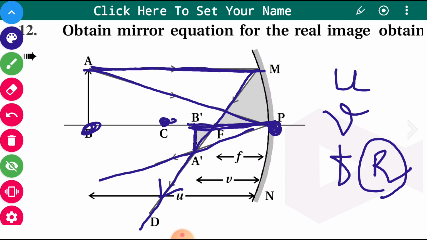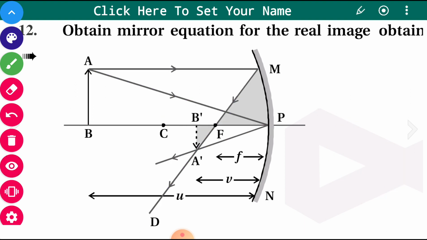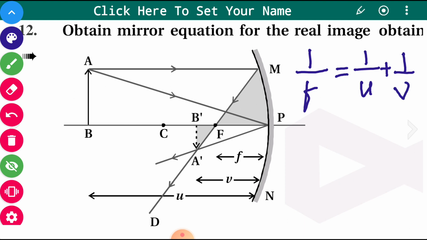Now see the relationship, the derivation is not there this time. The relationship between focal length, object distance and image distance is given by 1/f = 1/u + 1/v. And as you know, R = 2f.